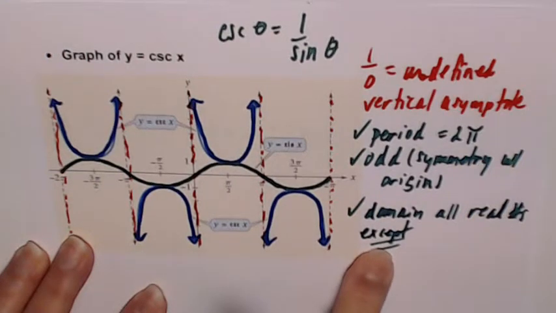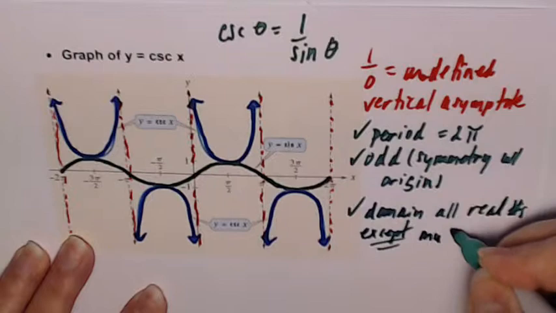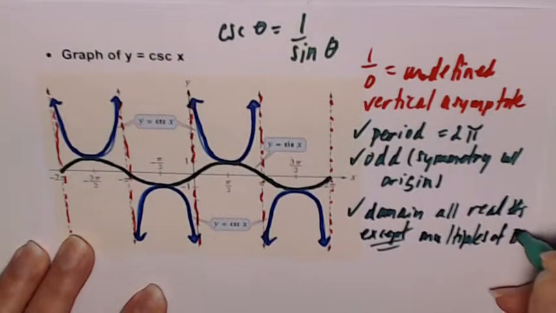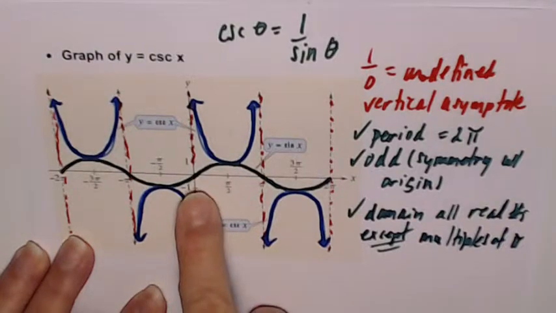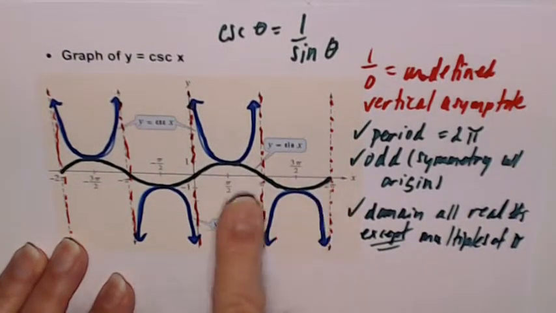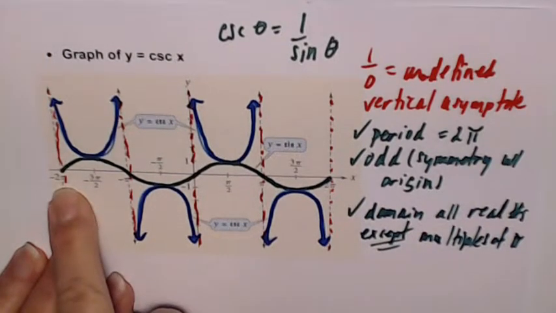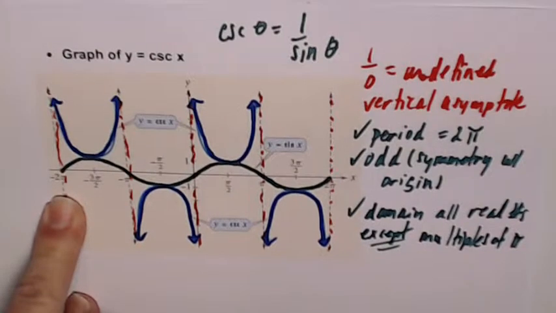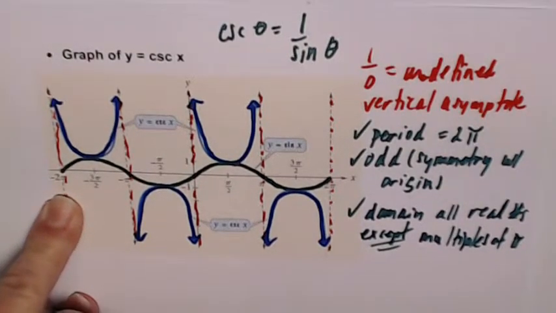Those exceptions are going to be multiples of pi. If we look here at 0, 1 pi, 2 pi, negative 2 pi, and so on, those are all values where cosecant is undefined and we have a vertical asymptote.